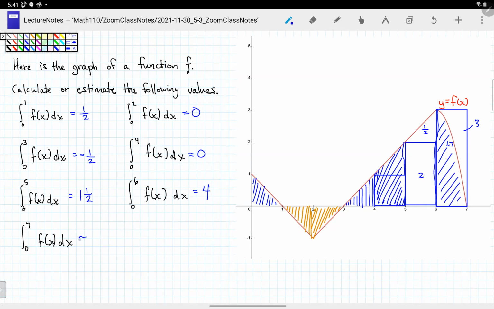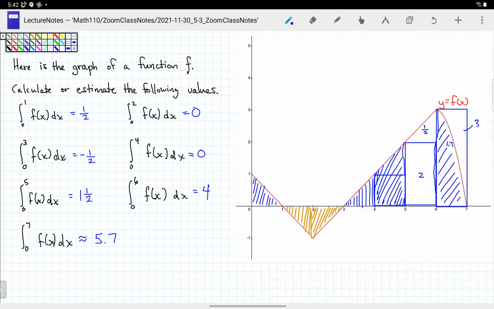So we would guess this to be approximately 5.6 or 5.7. Maybe you would say that last bit is 1.6. It's just an estimate. It should be a little bit more than 1.5, and who knows exactly what it is.